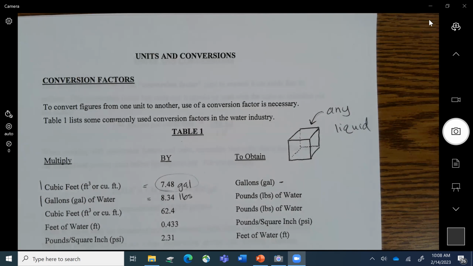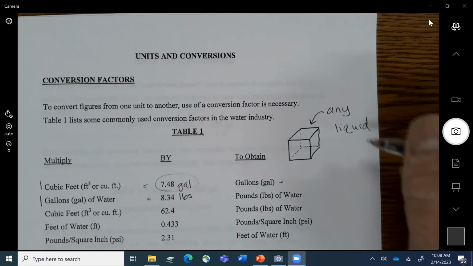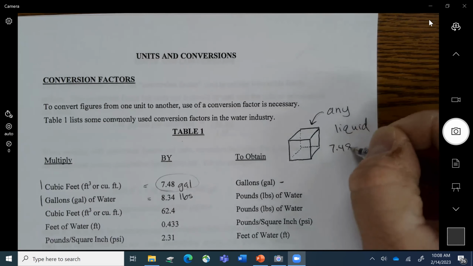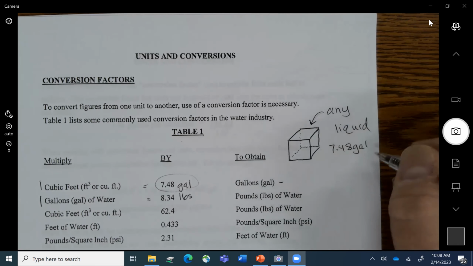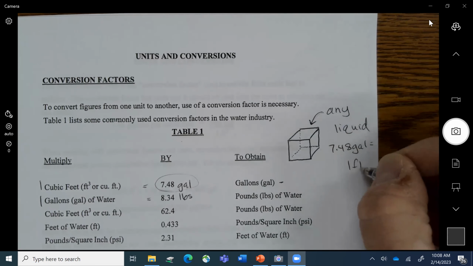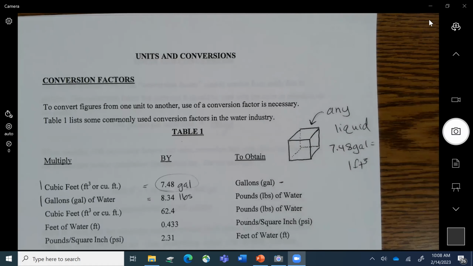Any liquid: motor oil, apple juice, bleach, water, mercury. How many gallons would it be? Any liquid would be 7.48 gallons for 1 cubic foot. This is a universal constant, just so we're all aware. Does not matter any liquid you put in that cubic box, it will be 7.48 gallons, okay?